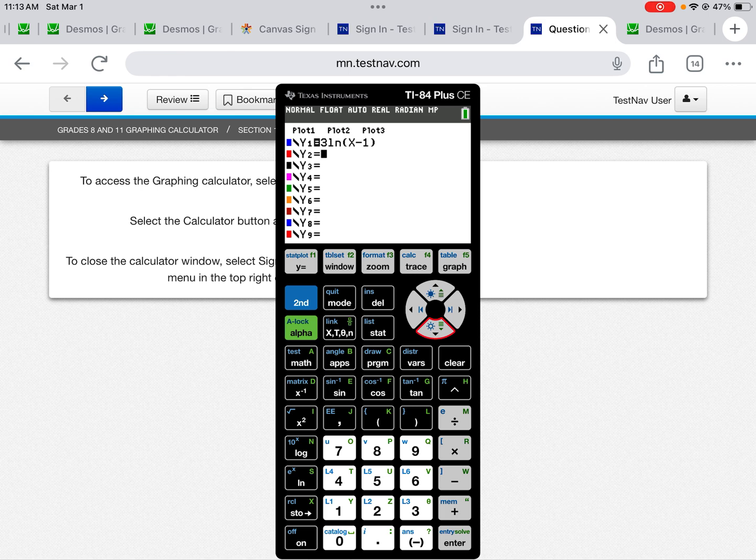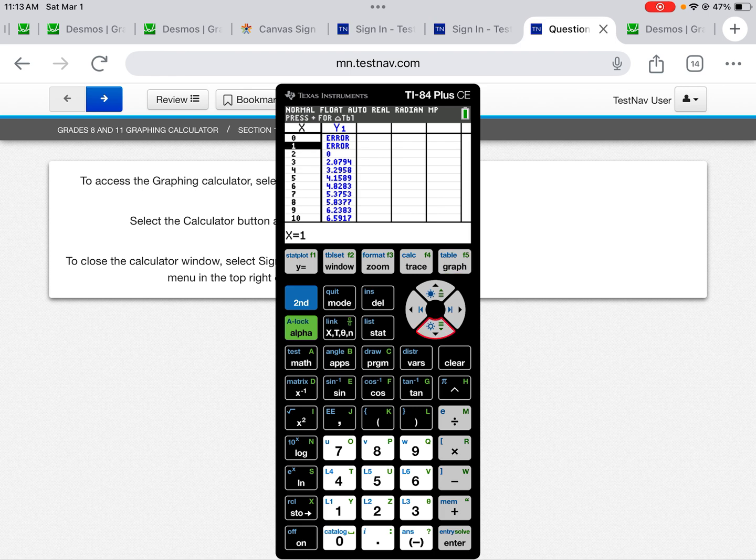Oh, you can't because it's a vertical line. It's not a function. So there we are. Okay. And then if you want to plot points, go to the table. And you'll notice everything where the x's are smaller than 1 are errors because nothing can happen until you're bigger than 1. So we can plot 2, 0.